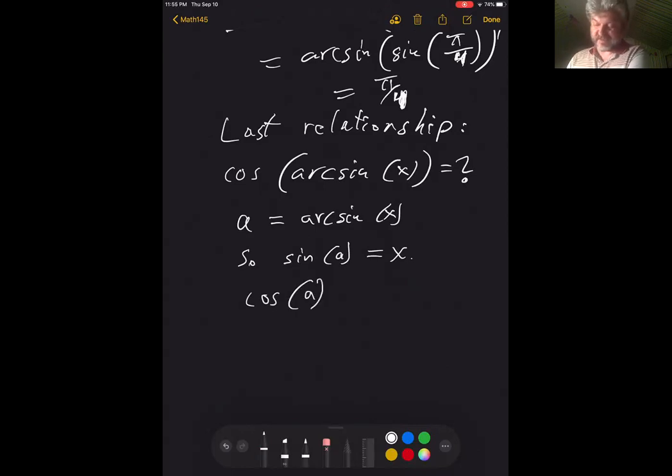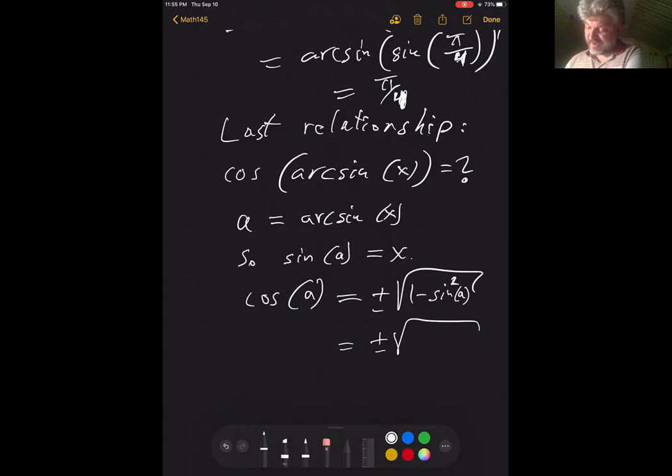And then we can apply Pythagoras. Cosine of A is plus or minus the square root of 1 minus sine of A squared. And the sine of A, that was x. So this is plus or minus the square root of 1 minus x squared.